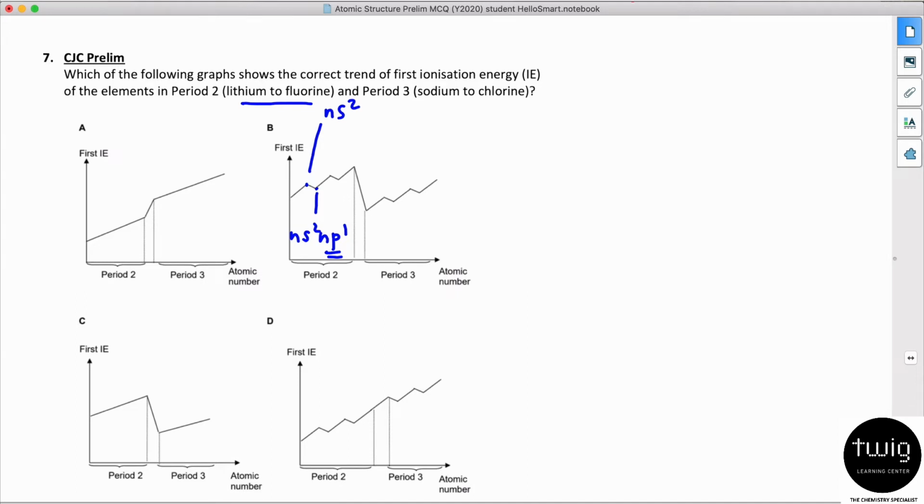That's why there's a dip. This one here is group 15, ns2 np3. This one here is group 16, ns2 np4. Remember np4 means 1, 2, 3, 4. So this one is np3, which is like that. This one has inter-electron repulsion, so it is definitely easier to remove. That's why you also see a dip.